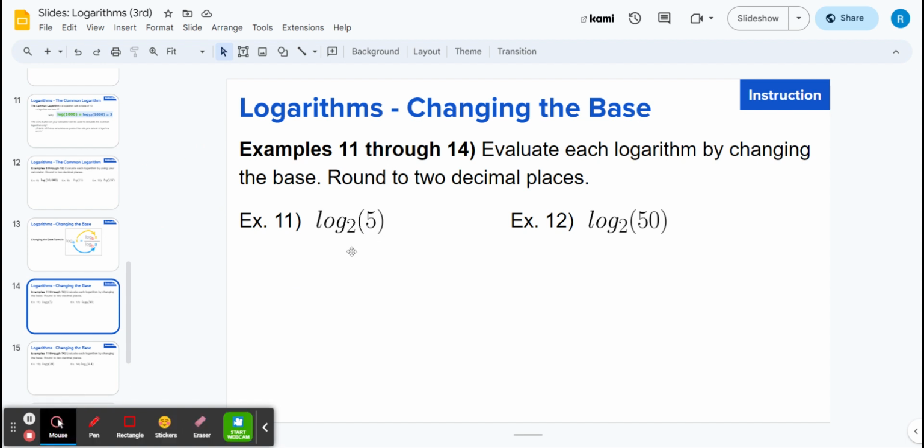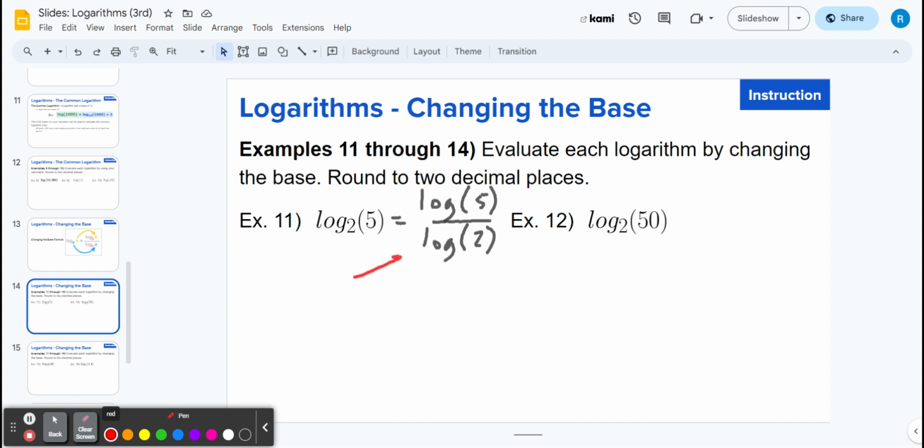So what we can do is rewrite this log base 2 of 5 using the change of base formula. We can take log base 10 of 5 divided by log base 10 of 2. Notice that's the common logarithm, and we can use our calculator.